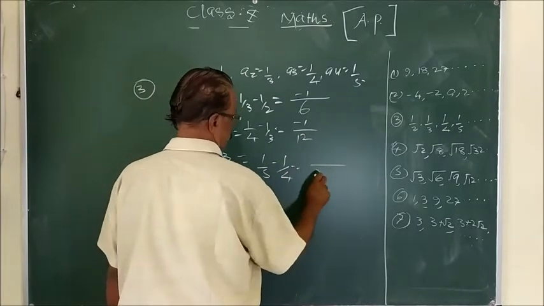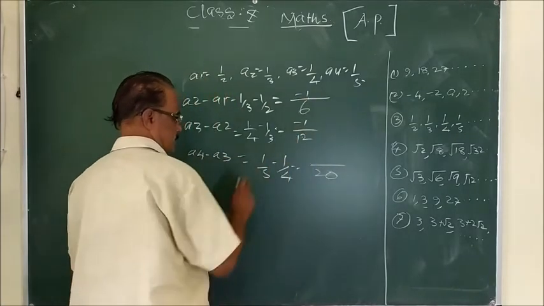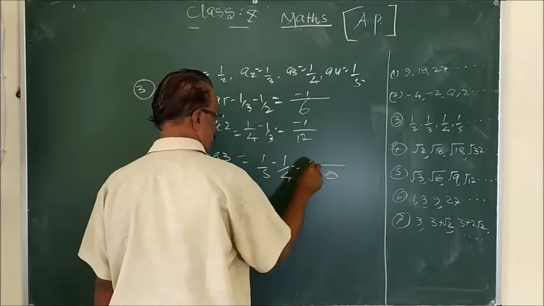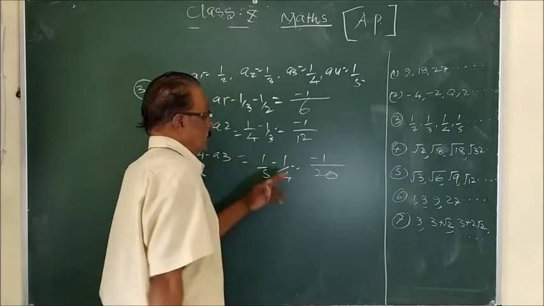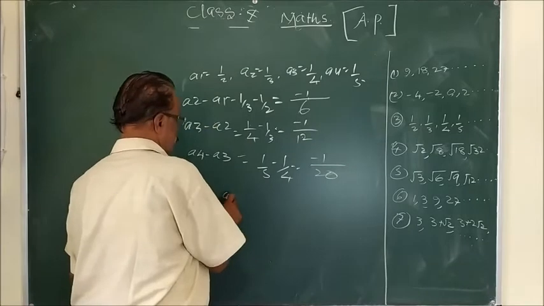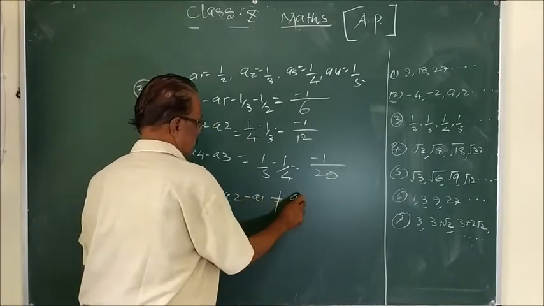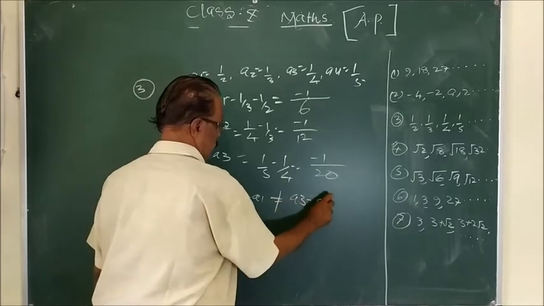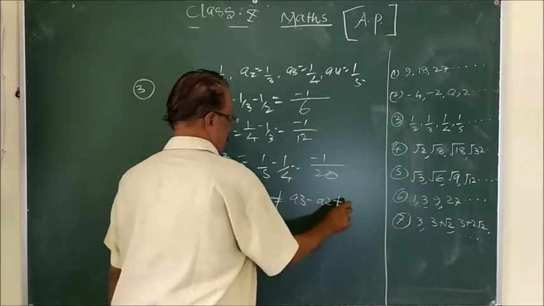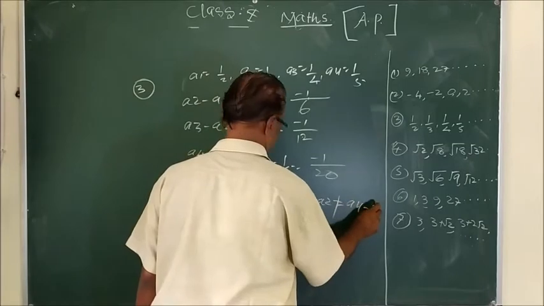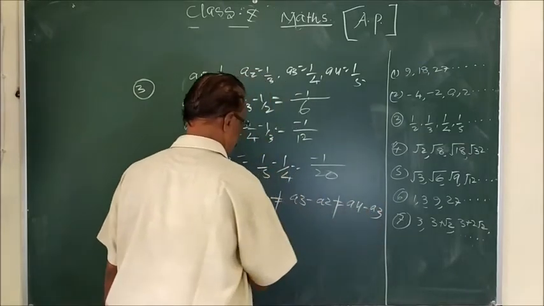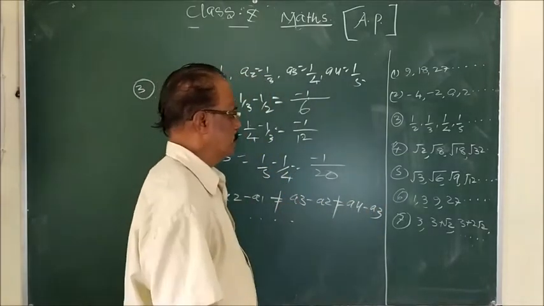So you can say A2 minus A1 is not equal to A3 minus A2 is not equal to A4 minus A3 and so on. Therefore, these are not in AP.